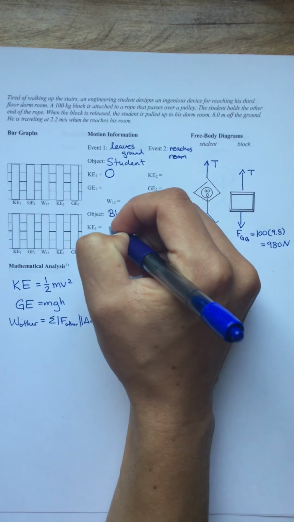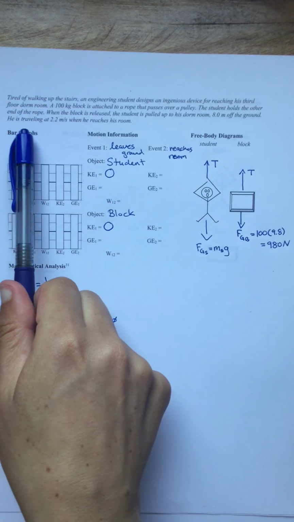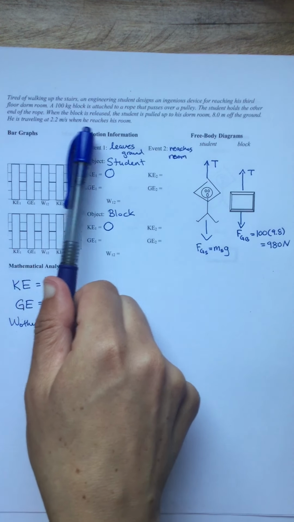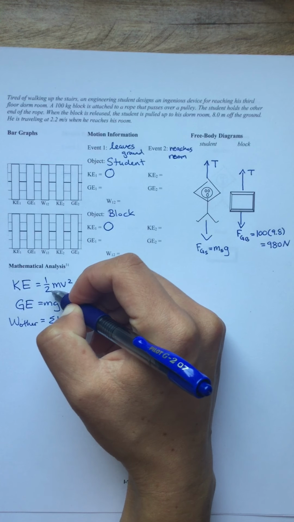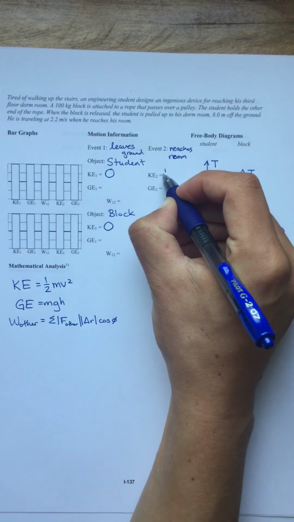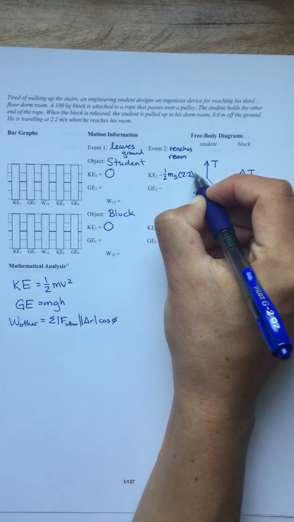So this is 0 here and 0 here for initial kinetic energy. We are told that the student is traveling at 2.2 meters per second when he reaches the room. So, using the definition for kinetic energy, for the student, we have 1/2 times the mass of the student times 2.2 squared.